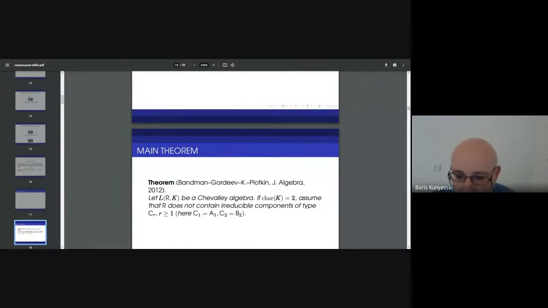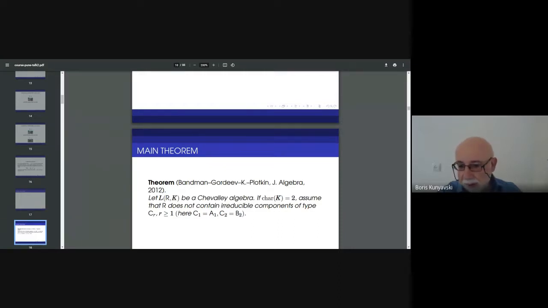Think about characteristic 0 to be on the safe side, and in that case, no restrictions at all. So you consider sl or a split simple Lie algebra of any other type, A, B, C, D, E, F, G, as usual, according to the Killing-Cartan classification.